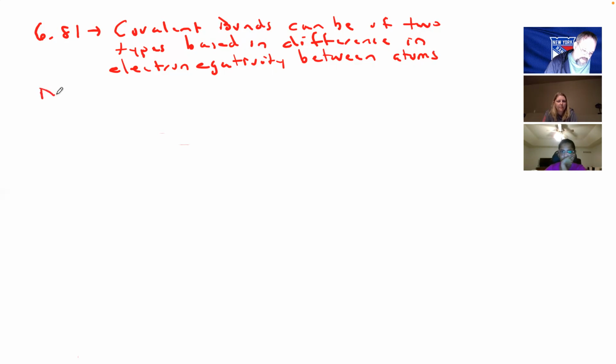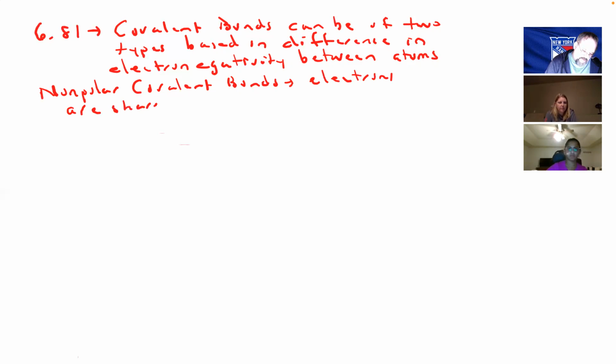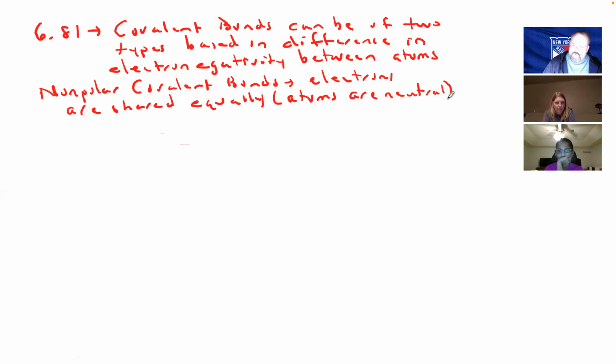In your nonpolar covalent bonds, the electrons are shared equally, which means that the atoms really are neutral.